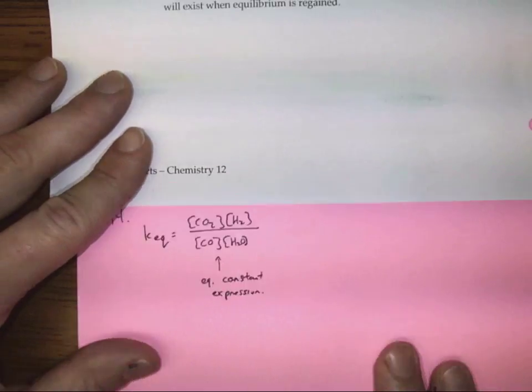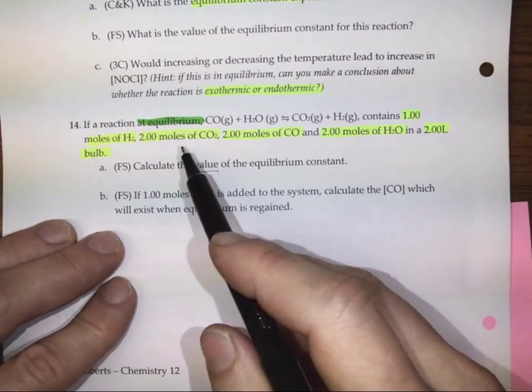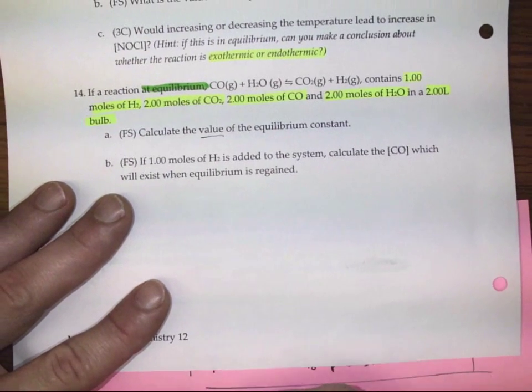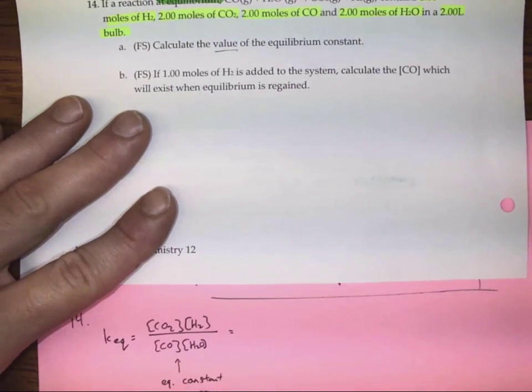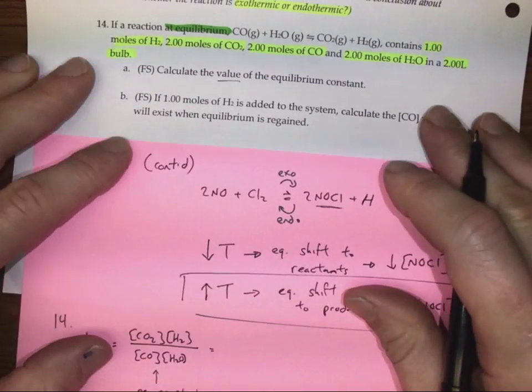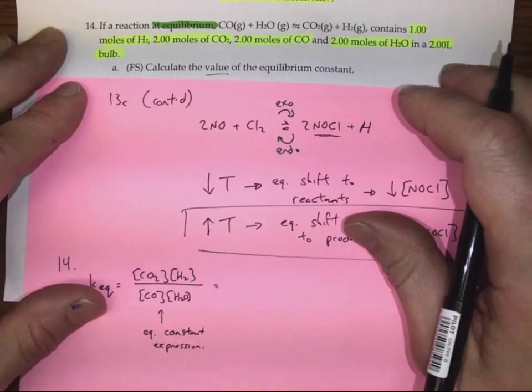Now, if we take these values and find their concentrations, and we actually find a value for this ratio of products over reactants, then we have found the value of the equilibrium constant.